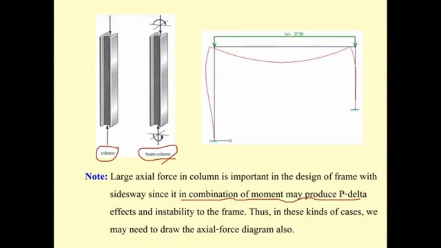When you study the design of this member, Ajahn will tell you about the code that relates only to the column and the code that relates to the beam column, which is much more complicated, and therefore sometimes we need to draw the axial force diagram also to include the effect of this in our analysis results.